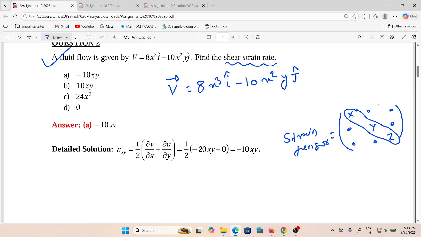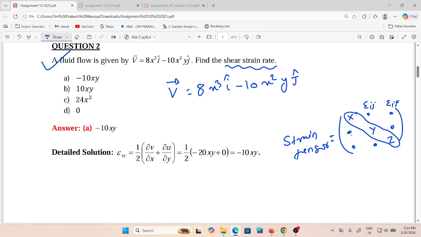So here you will write epsilon. So epsilon ij, epsilon ik. Similarly here you can write epsilon ji, epsilon jk, epsilon ki, epsilon kj, and here you can write epsilon ii, or you can use a different symbol also, epsilon jj, epsilon kk.